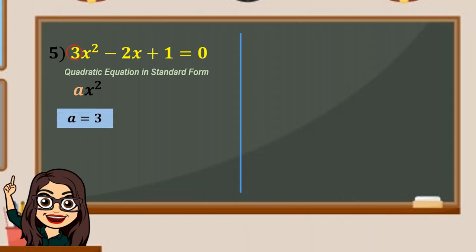So the value of a is 3. Next, for the value of b, that is the number beside the variable x. Again, for this example, that is negative 2. And last, for the value of c, that is the constant. For this example, that is 1. So the value of c is 1.